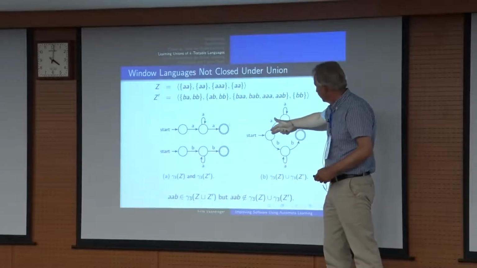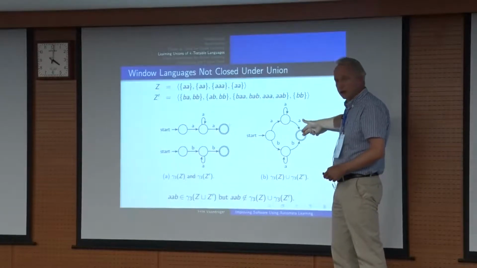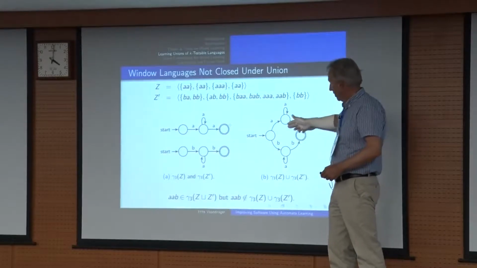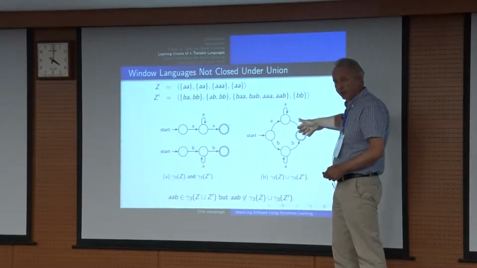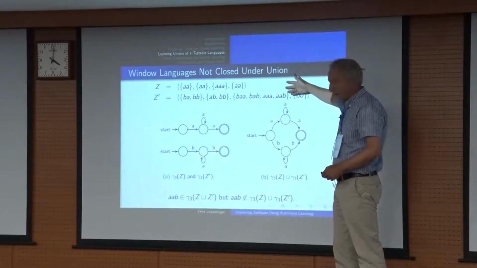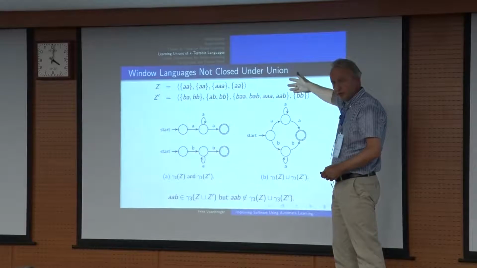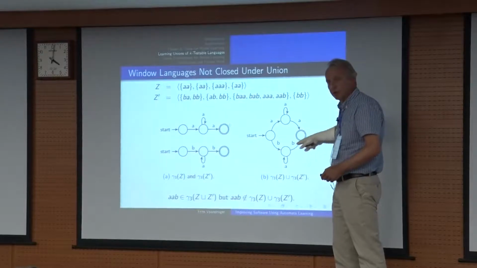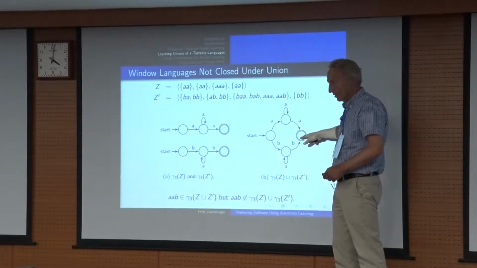So if you take this regular language and you compute the test vector, then actually you will get the union of these two. Because AAB is an allowed segment. It may occur at the end here.